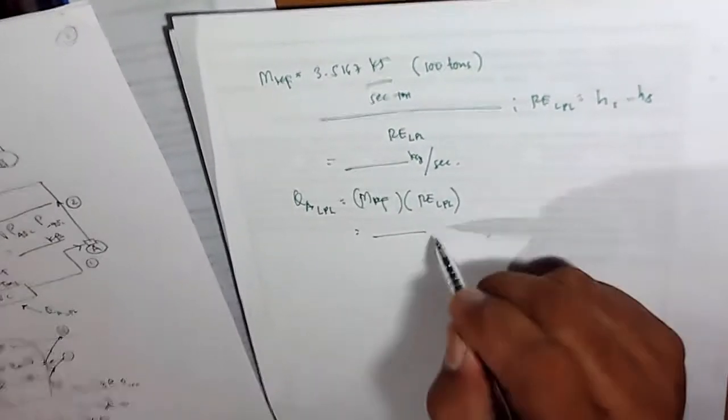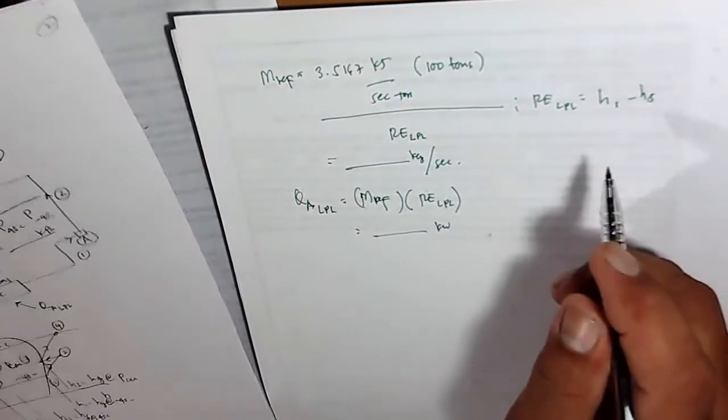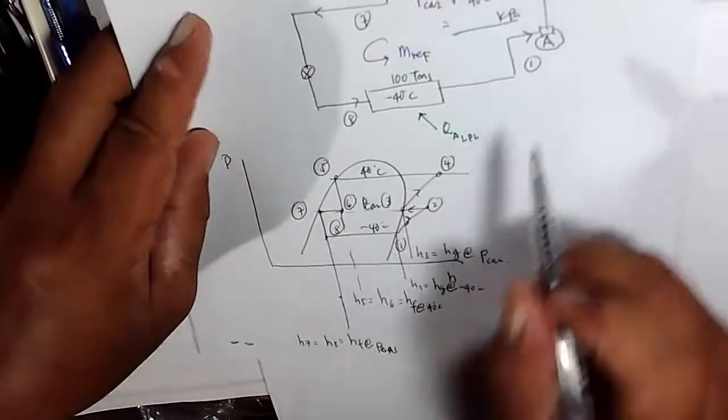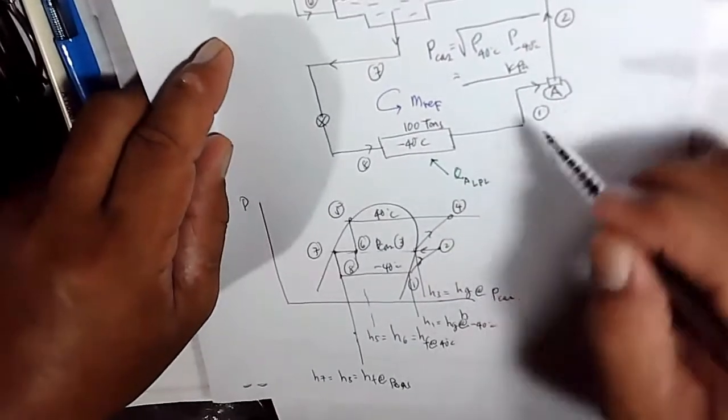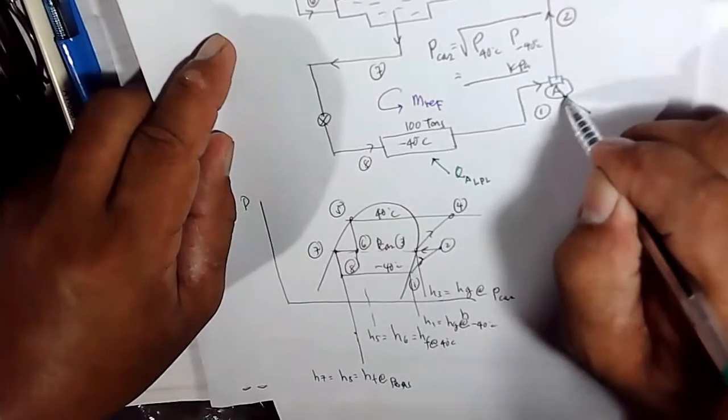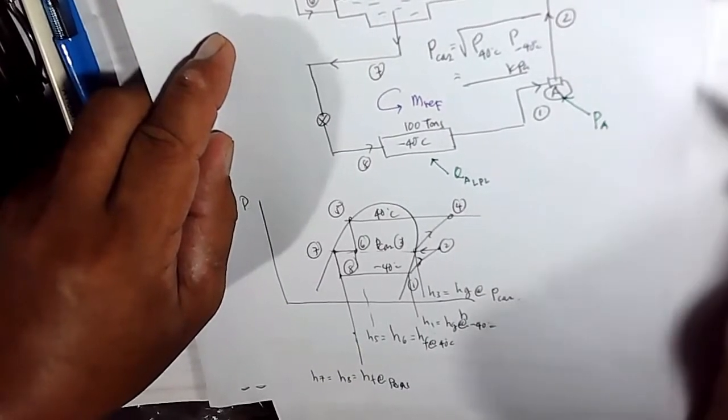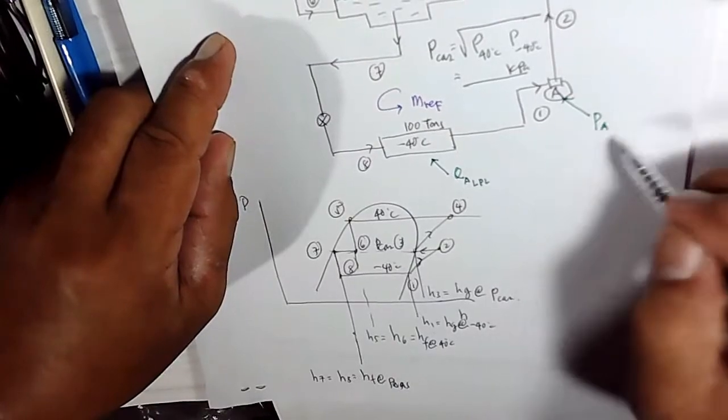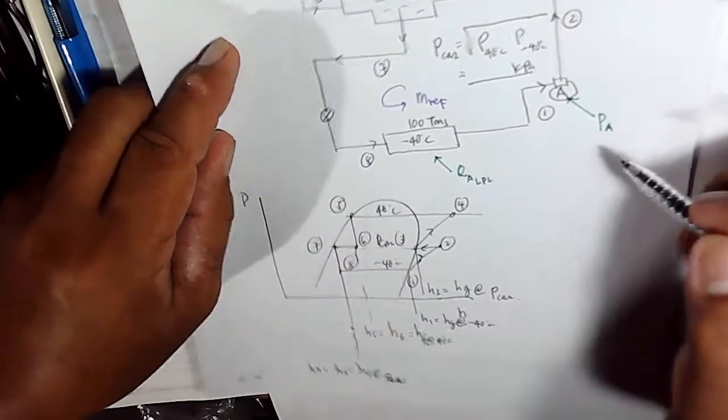You have there kilowatts. Okay, and then again, you can now compute the power of compressor A as well as the volume flow rate there.